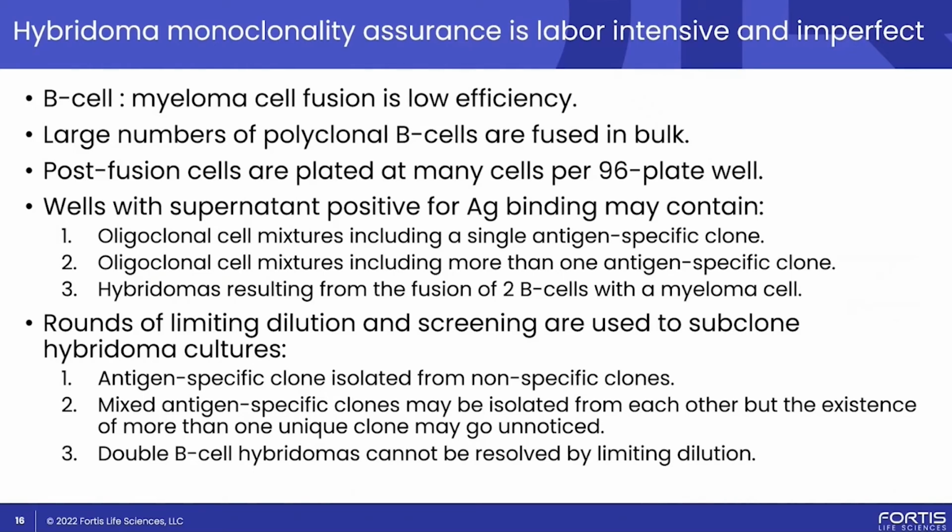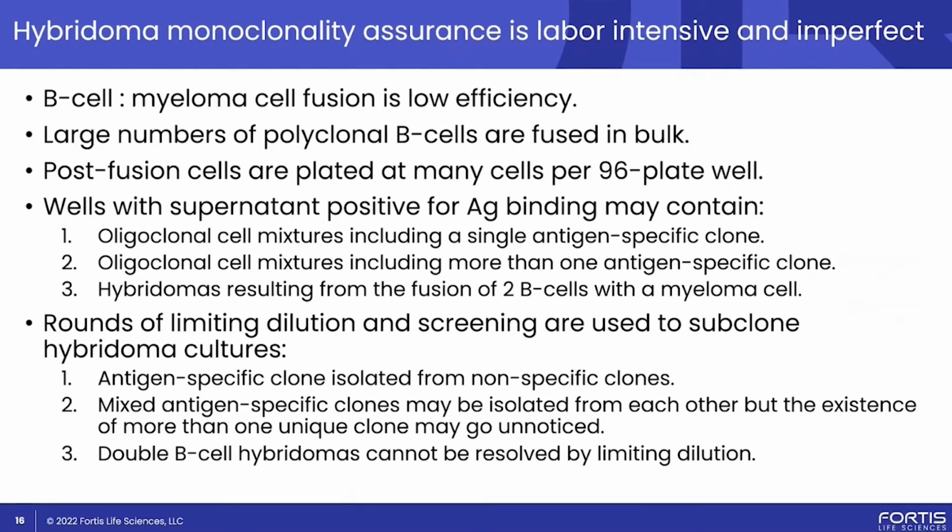So typically with hybridoma technology, the way that monoclonality is achieved is through rounds of subcloning. So the cells are counted, plated out at less than 1 cell per well on average, and then screened again by ELISA. And so in the case of number 1, typically you would expect to see antigen-specific clones isolated from non-specific clones.